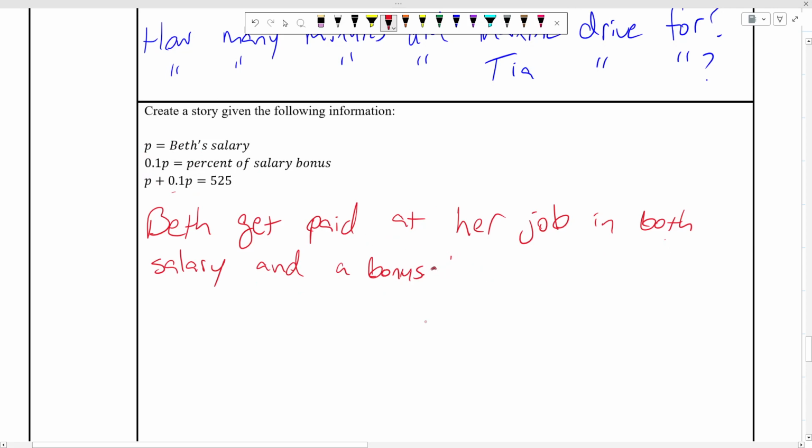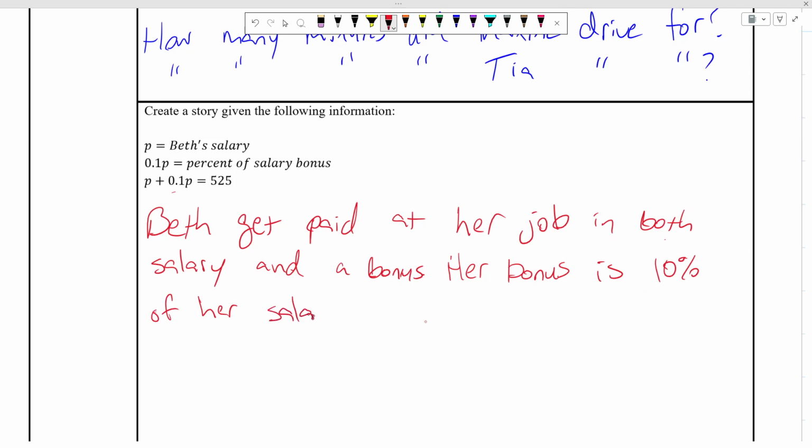Now we've got more stuff to talk about. Let's talk about that bonus for a second. Her bonus is 10% of her salary. You're thinking, where did he get the 10% from? Well, understand that the decimal representation of 10% is 0.1, right?